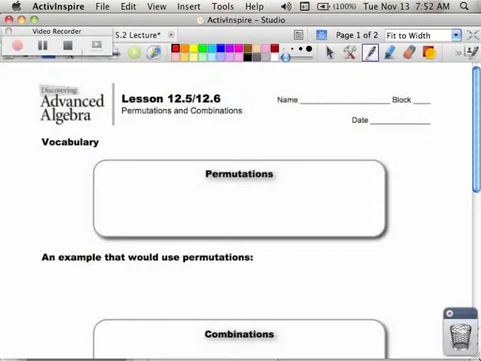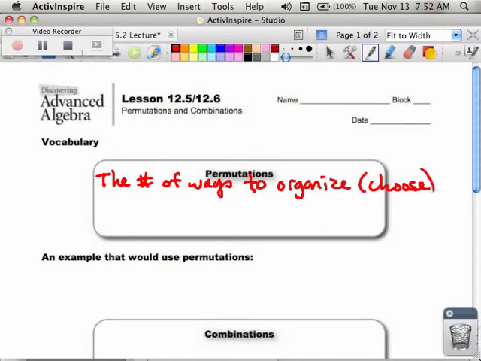So the first vocabulary thing that we're going to talk about is a permutation, which is the number of ways to organize, or in other words, choose from a group. And the big important thing here is that the order matters.